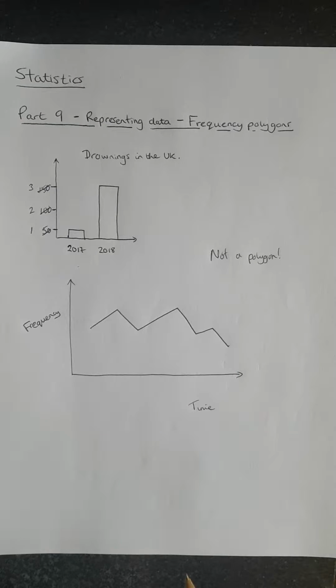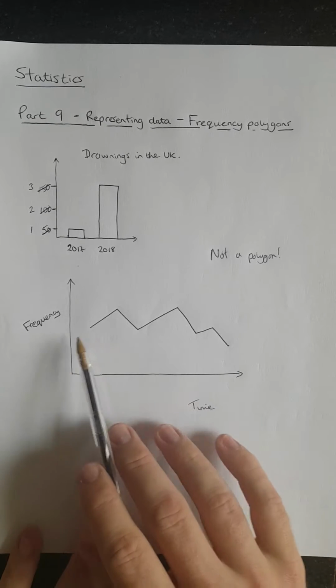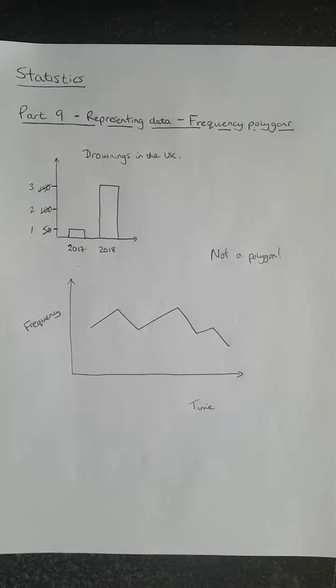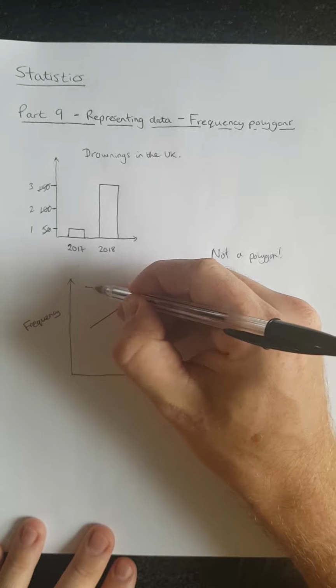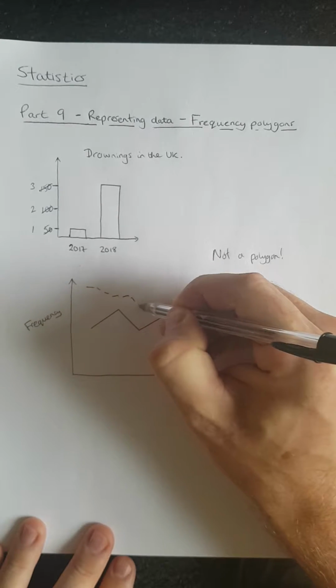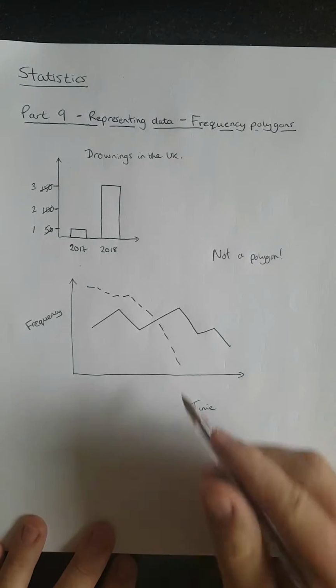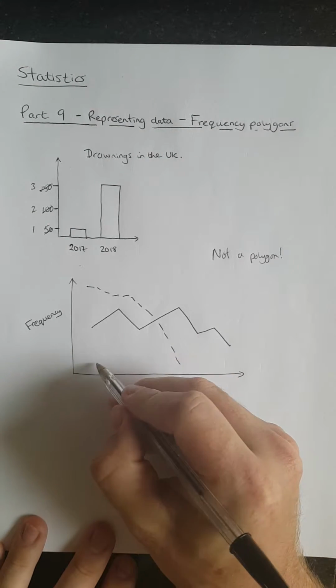It will be designed to show you a pattern of what's happening across a variable. For example, it could do this. If you look at the dotted one, or it could do this.